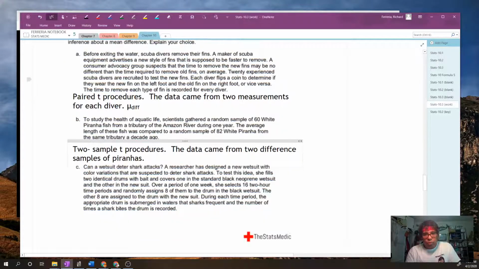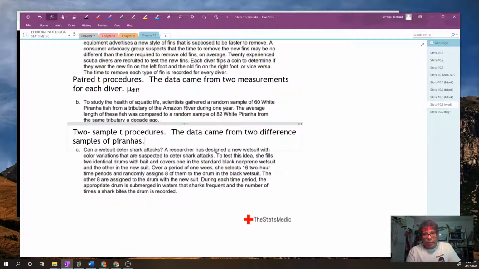Can a wetsuit deter shark attacks? A researcher has designed a new wetsuit with color variations that are suspected to deter shark attacks. By the way, I don't want to be a part of this sample. To test this idea, she fills 2 identical drums with bait and covers one in the standard black neoprene wetsuit and the other in the new suit.